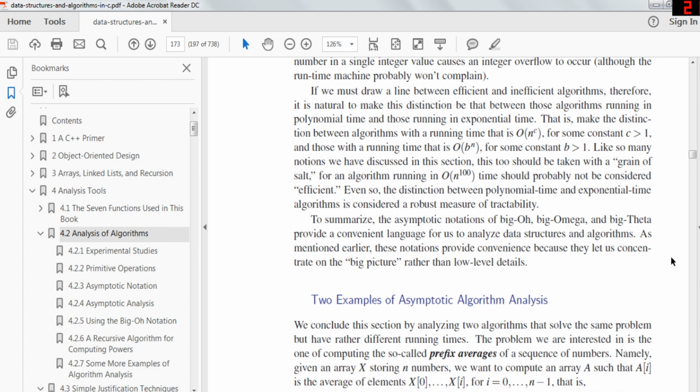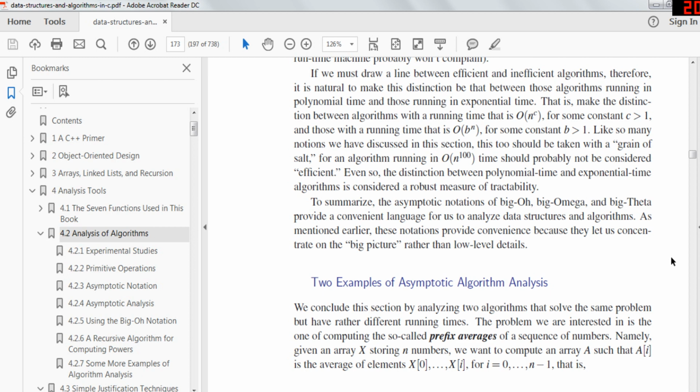So if you draw a line between efficient and inefficient algorithms, it is natural to make this distinction between those algorithms running in polynomial time and those running in exponential time. That is, to make the distinction between algorithms with a running time that is O of n to the c for some constant c greater than 0, and those with a running time O of b to the n for some constant b.